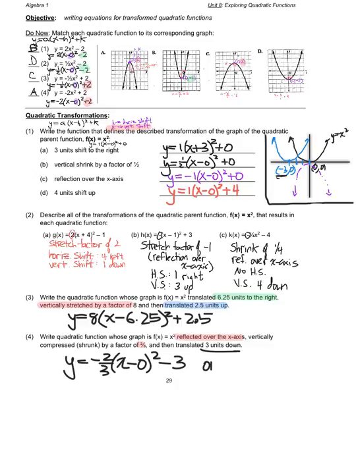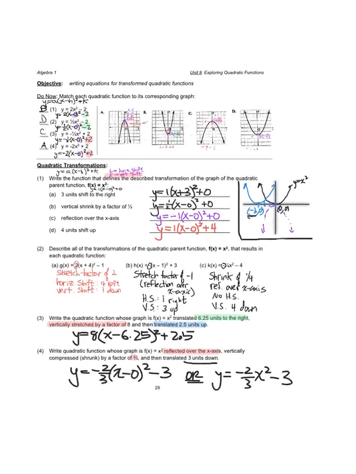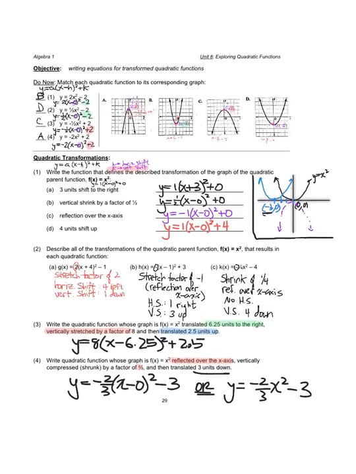If you wanted to simplify it, you could write it as y equals -2/3 x squared minus 3. Not necessary, but it wouldn't hurt. All right, get that practice in. And there it is.